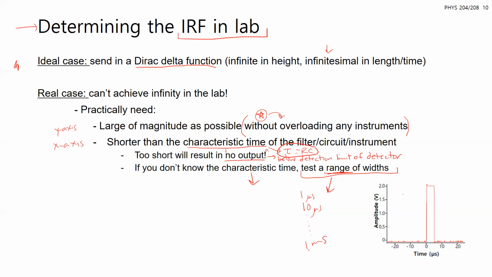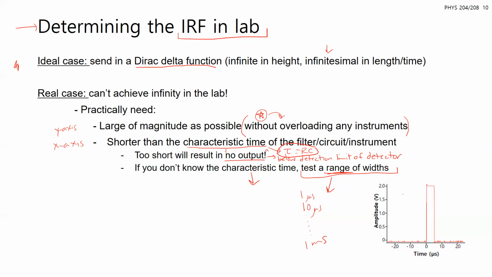So if you are below that characteristic time, you should see no change in the instrument response function, that you should see a similar shape. So let's say it's a low pass filter type response where your instrument response function should be an exponential.